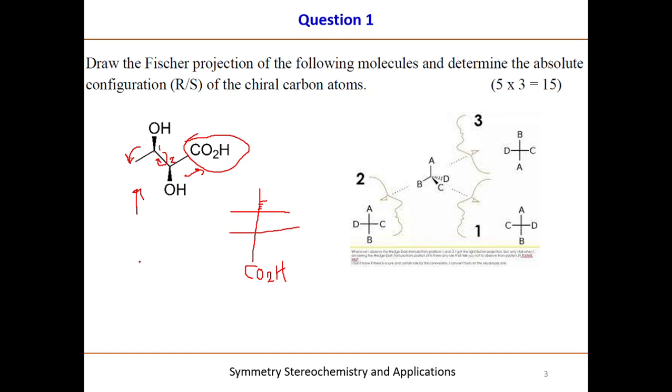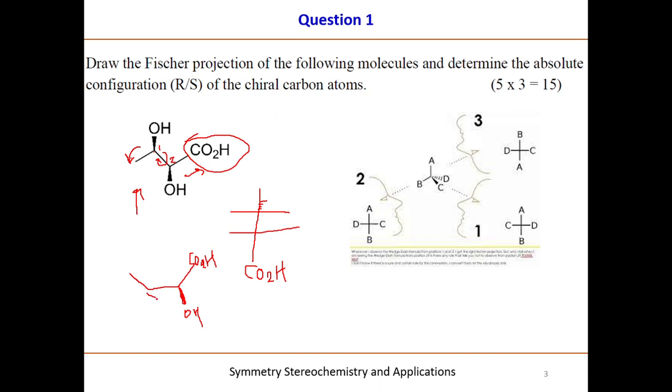Then what will happen? I will write here after rotation. Here you can see this hydroxy group stereochemistry will remain as it is, but the second hydroxy group stereochemistry will change, because we are rotating this carbon-carbon bond by 180.